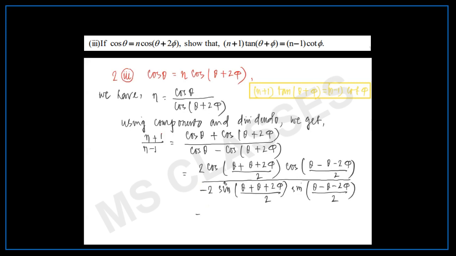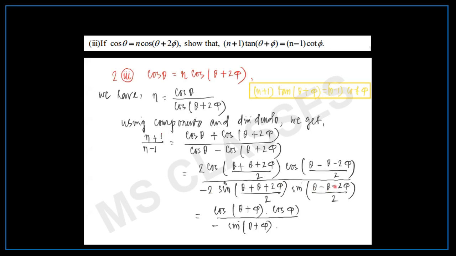What we get? Cos of 2 theta plus 2 phi by 2, cos of theta plus phi by 2. It is cos of 2 theta plus 2 phi by 2, that is cos of theta plus phi. So this gives us cos of theta plus phi into cos phi divided by sine of 2 theta plus 2 phi by 2, theta plus phi, minus outside, sine of theta plus phi into sine of minus phi.